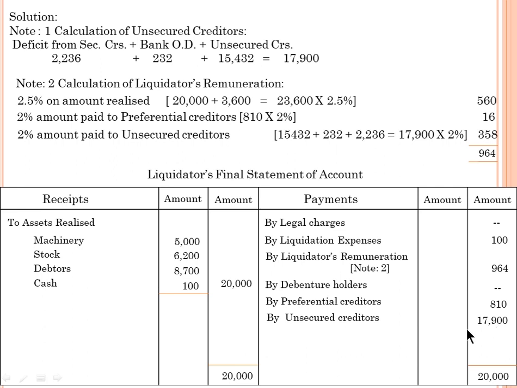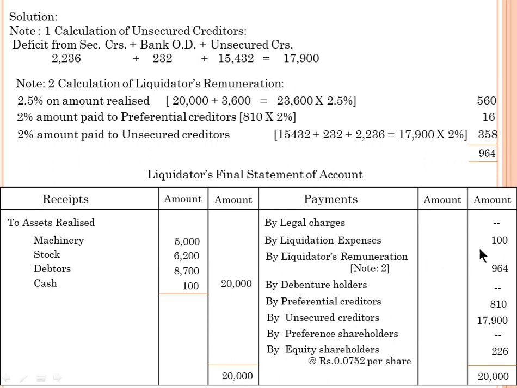Next to the unsecured creditors, we settle the preference shareholders. Here we don't have any preference shareholders. Now we move on to the equity shareholders. See how much balance we have: 226. So that amount we have to pay to the equity shareholders. How did you get 226? The 20,000 is the total receipts.